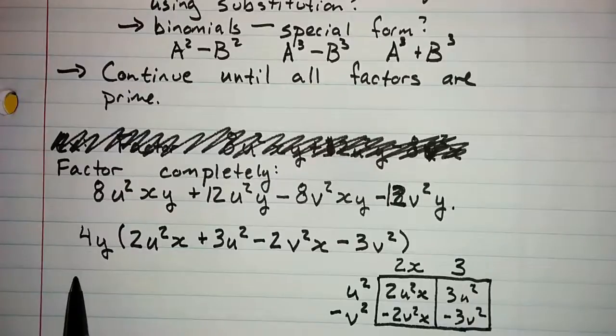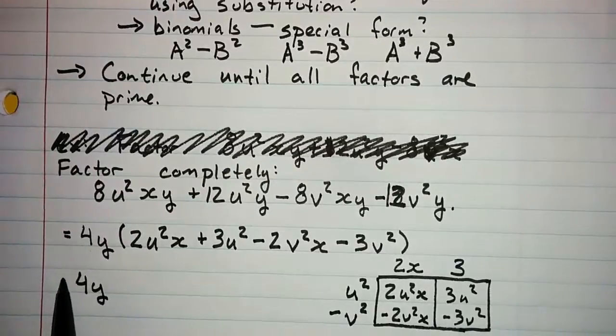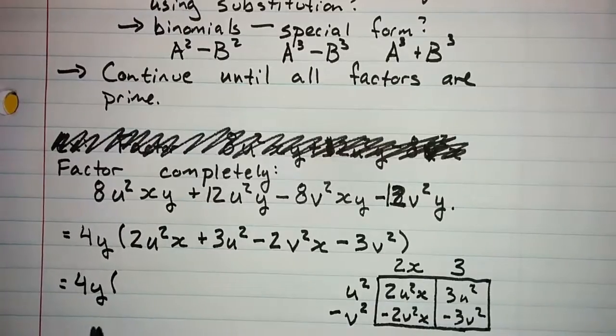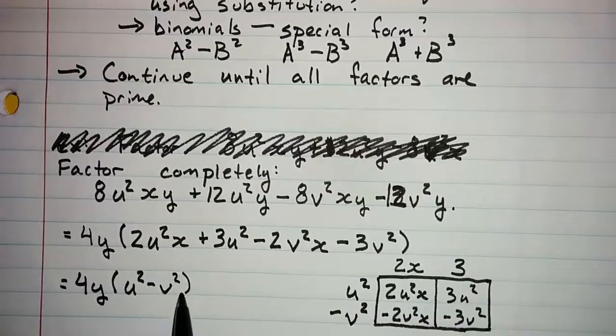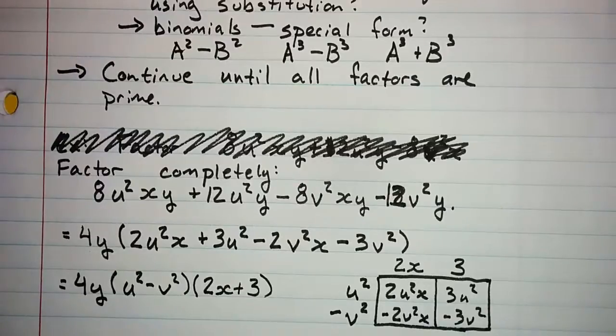So what do I get for my factors? I have my greatest common factor, 4y, times u squared minus v squared times 2x plus 3. Am I finished, or can I factor further?